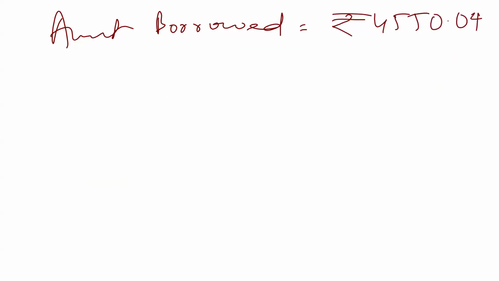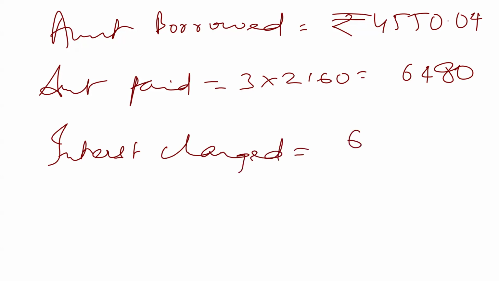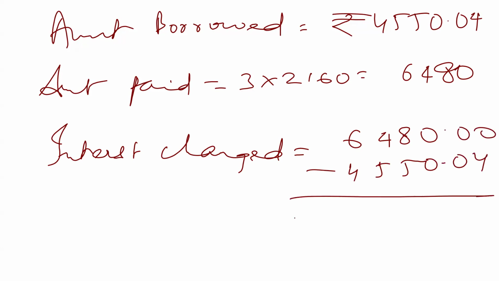Okay, amount paid, 3 into 2160, that is equal to 6480. So the interest charged or interest paid by the customer is 6480 minus the borrowed amount. Okay, just subtract this, you will get the answer.